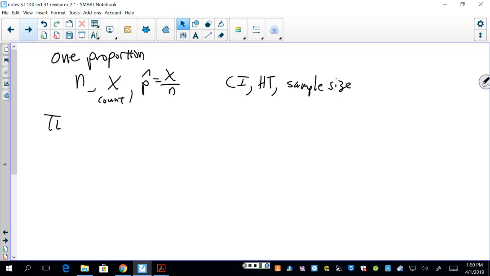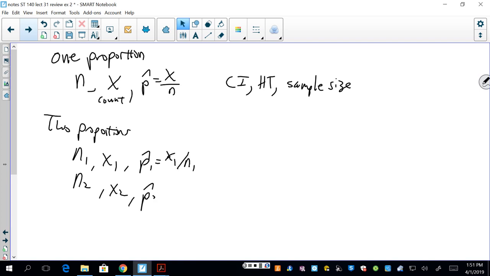If it's two proportions, you have two independent samples, and you're looking at proportions, then there has to be a sample size for both of them. There are counts for those two, or maybe a proportion. And then a confidence interval or hypothesis test for those.